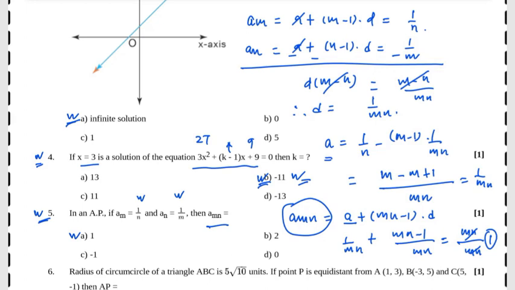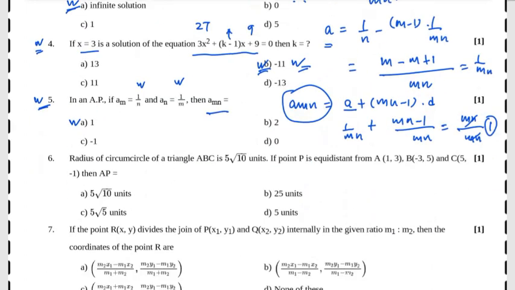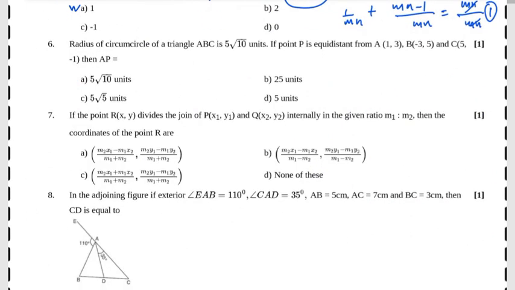Let's see the next question. This is the question number 6. The radius of the circumcircle of triangle ABC is 5 root 10 units. If point P is equidistant from A, B and C, then AP equal to?